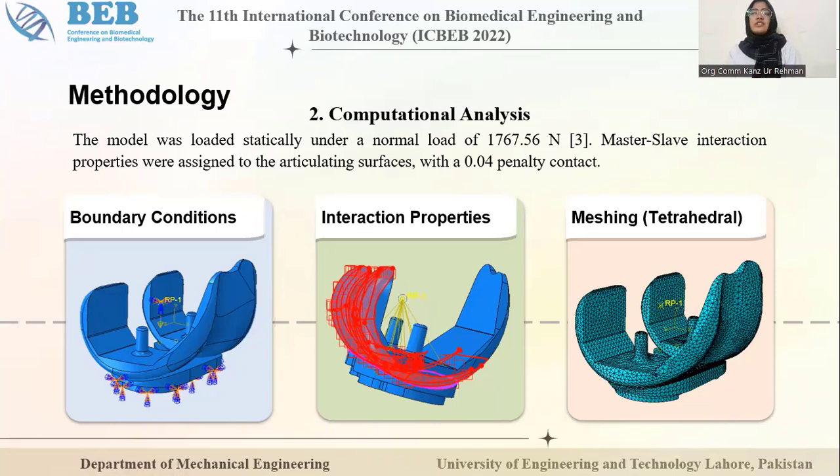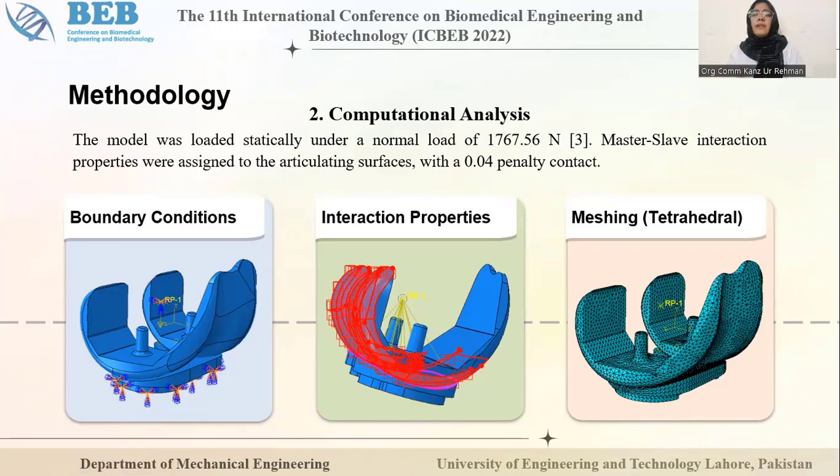This load is actually the maximum contact force acting on the knee joint for this specific patient, as taken from the research paper that used the same patient-specific scan data in their multi-body skeletal system, right?